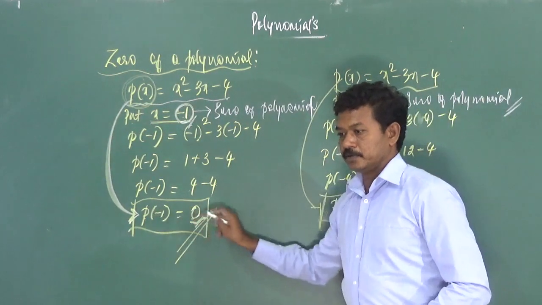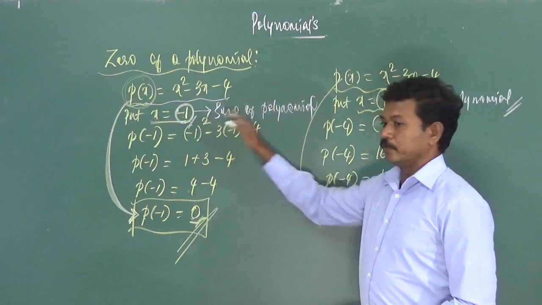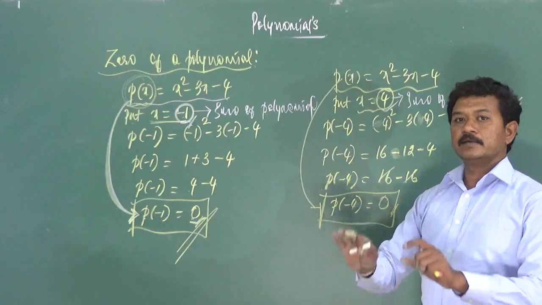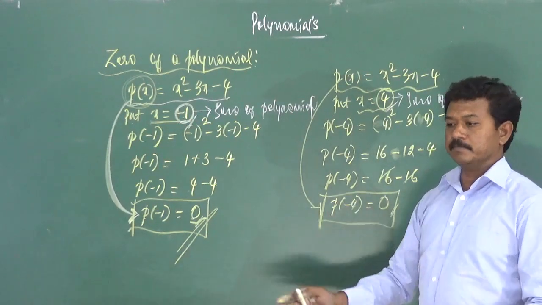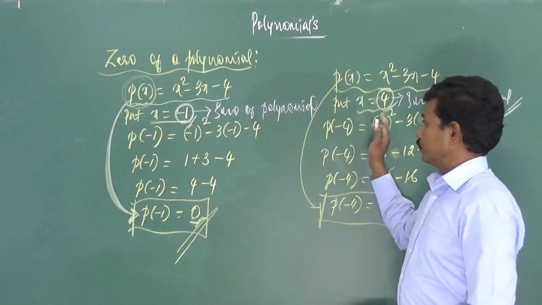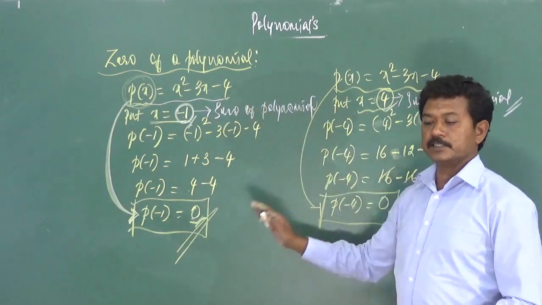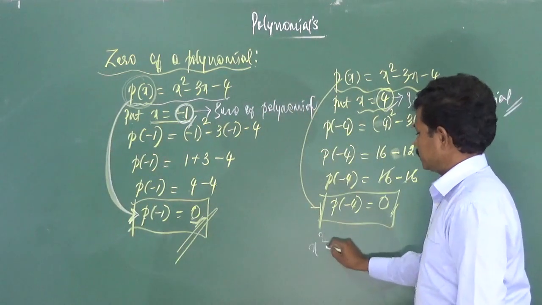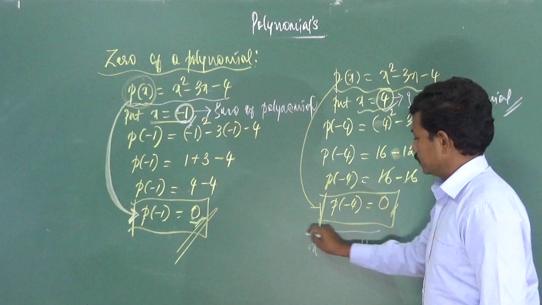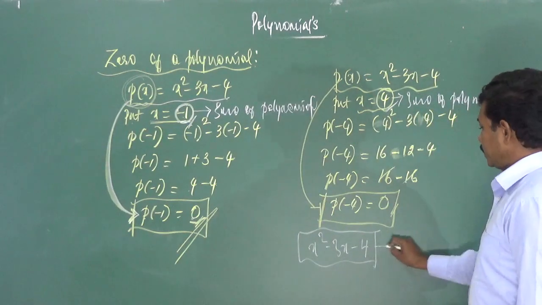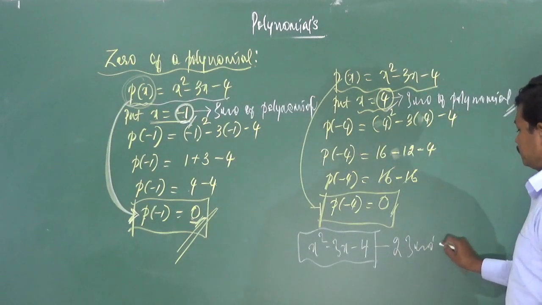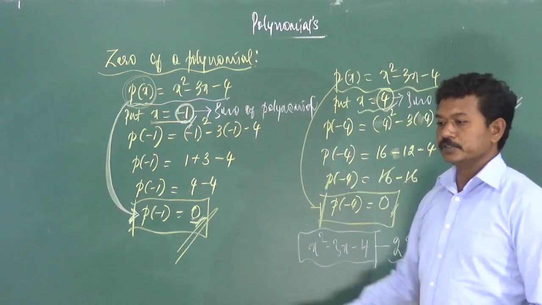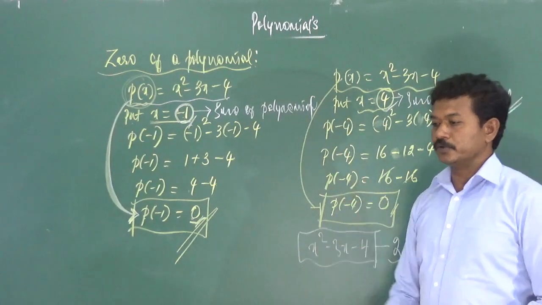No other real number apart from minus 1 and 4 can make this p of x equal to 0. So for x square minus 3x minus 4, this quadratic polynomial, we have 2 zeros. That's very important. It has 2 zeros. It doesn't have more than 2 zeros.